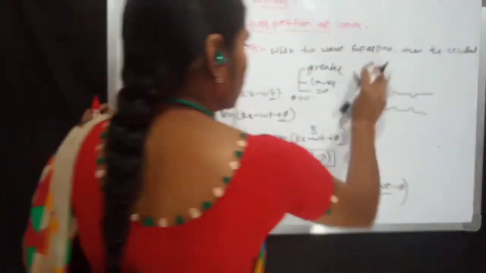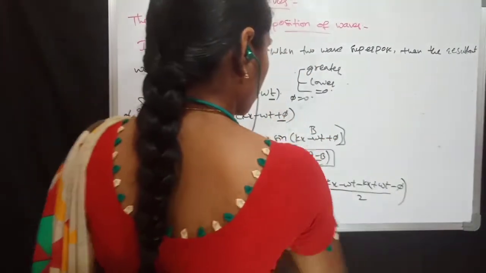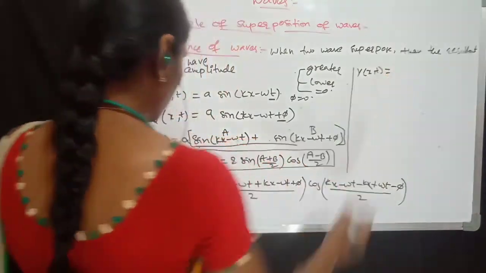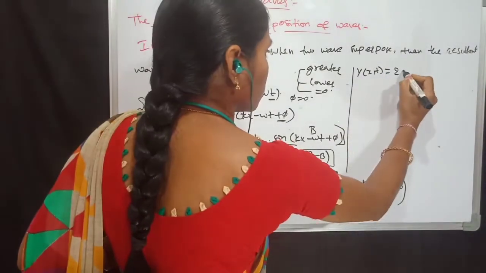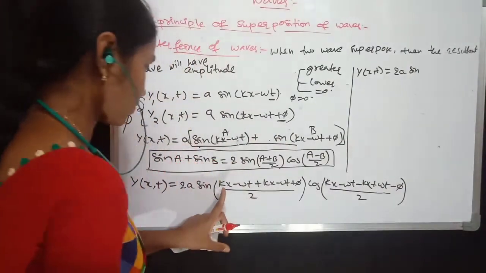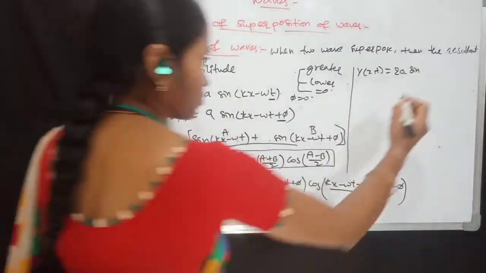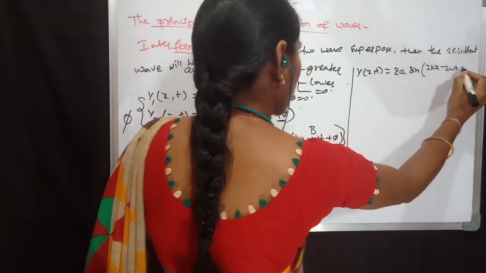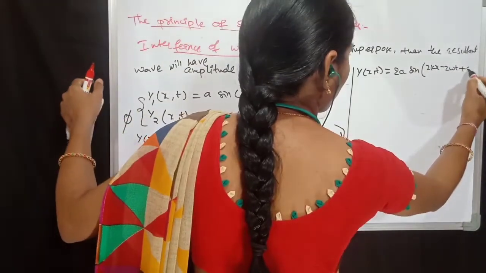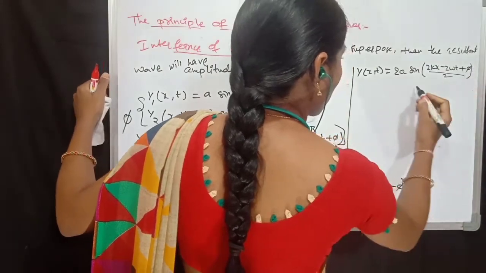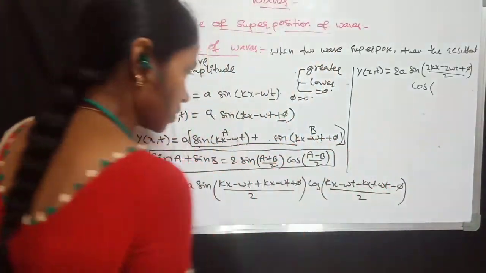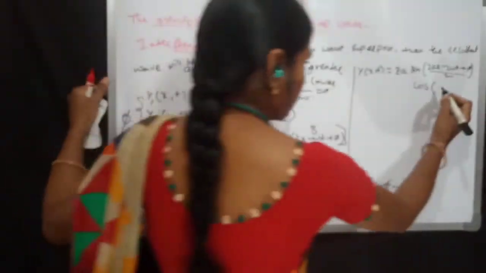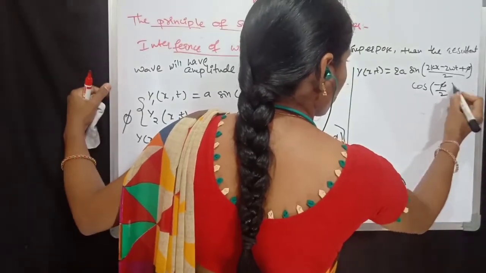Now this resultant displacement will be equal to 2a sin of kx plus kx, which is 2kx, minus 2 omega t plus phi, by 2, into cos of minus kx plus kx, minus omega t cancels, leaving minus phi by 2.